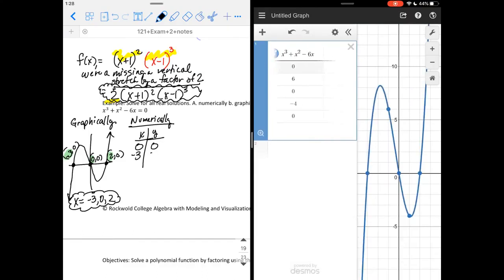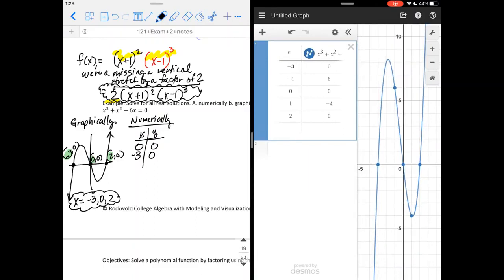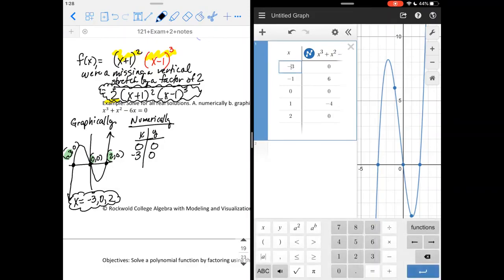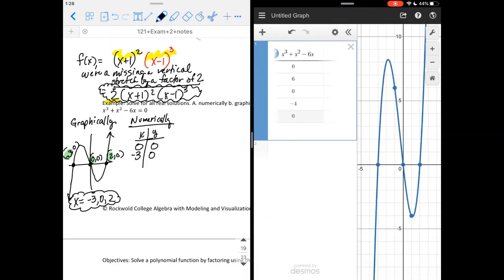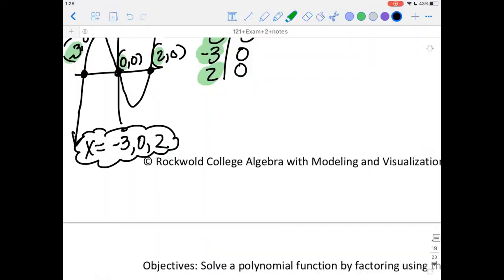So at negative 3, we also get 0. One bad thing about decimals is that it doesn't give you an easy ability to scroll like a graphing calculator does. And the other one would be 2, 0 right there. And again, our answers are the x values. We want to know what are the x values that give us y values of 0.